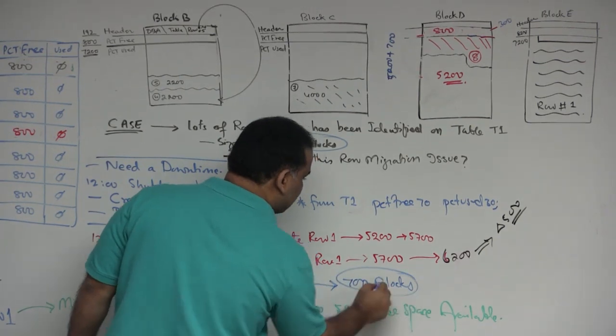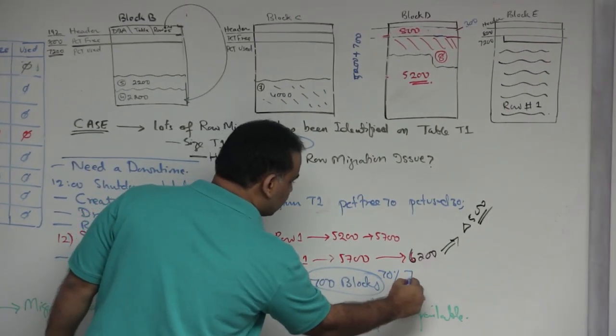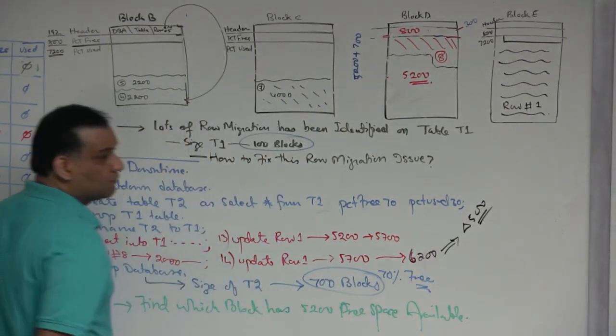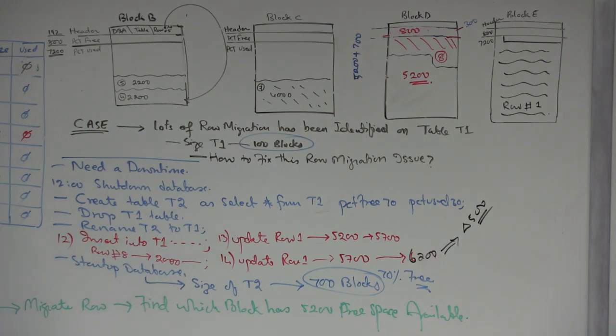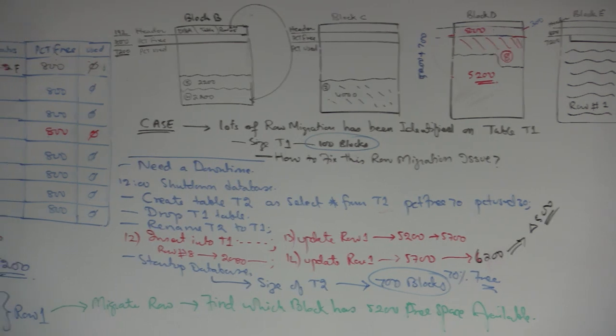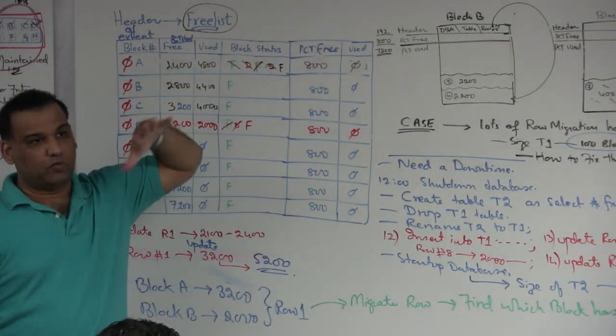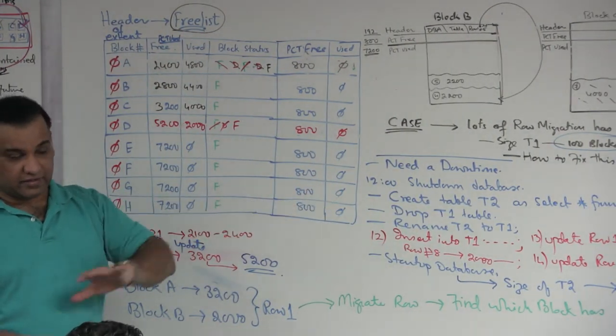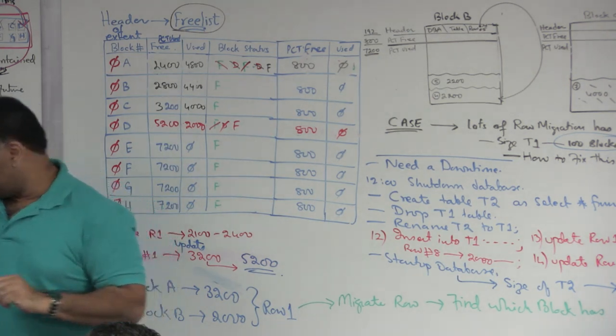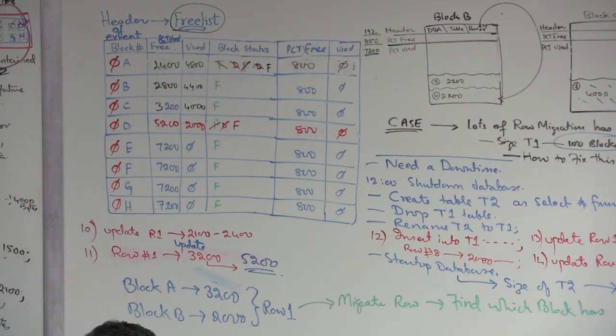Because majority of that, 70% of that space is just free. So if you go with a design like this, it increases the table size by that percentage. Whatever you are keeping, the table will grow with that big of a margin because you are leaving more space, but this will definitely bring the performance back to your database.